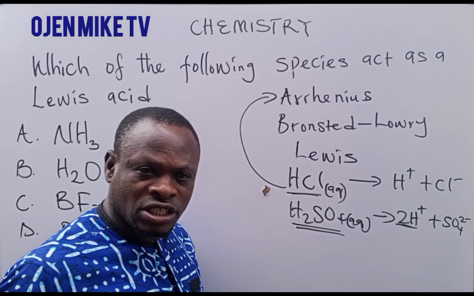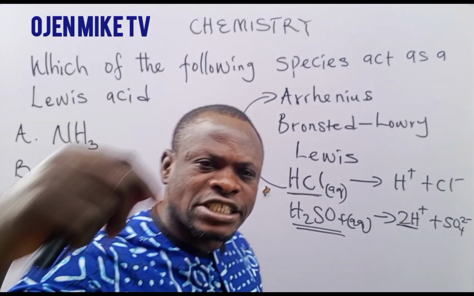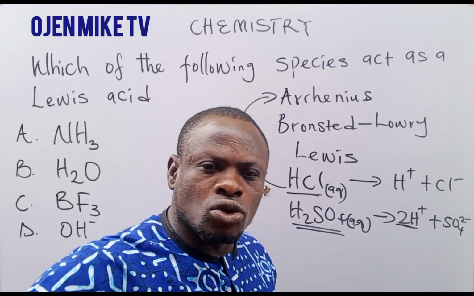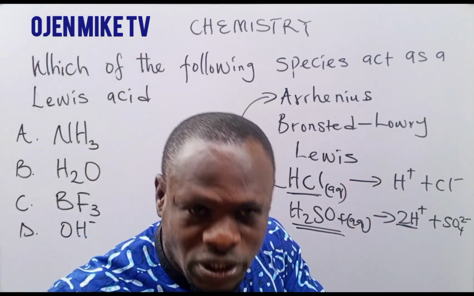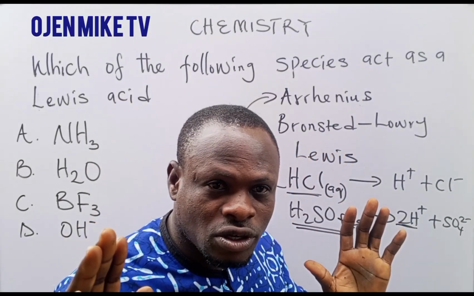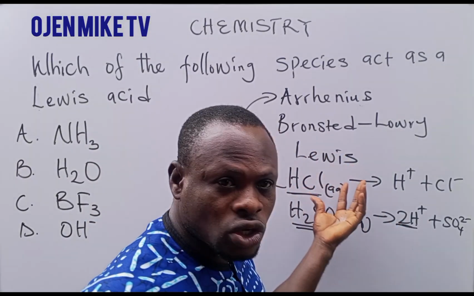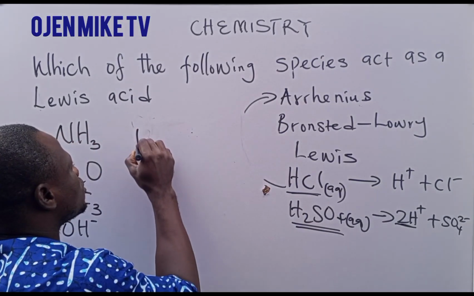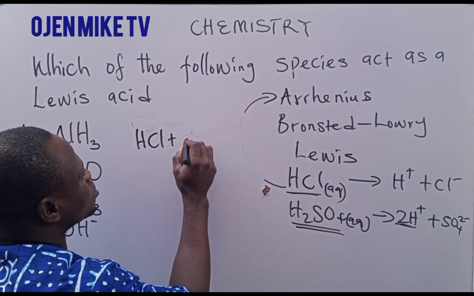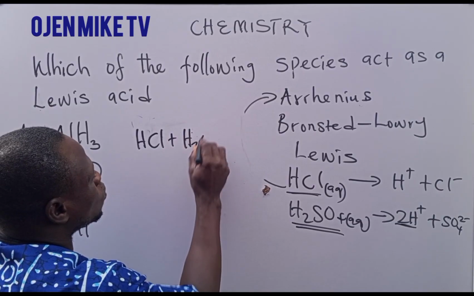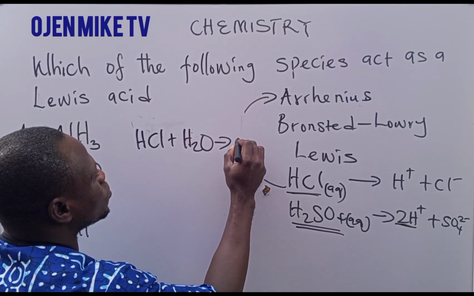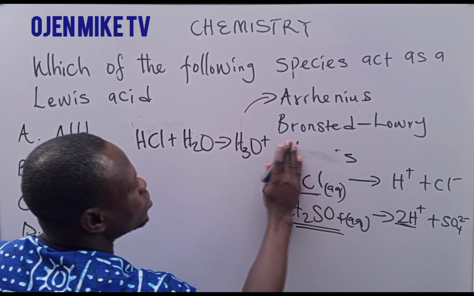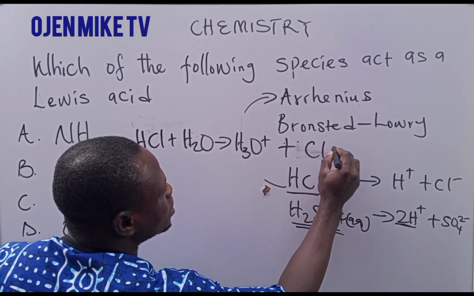Now Bronsted-Lowry define an acid as a substance that donates a proton to another substance. It must not be in aqueous solution. An example of a Bronsted-Lowry acid: HCl plus H2O gives H3O plus and Cl minus.